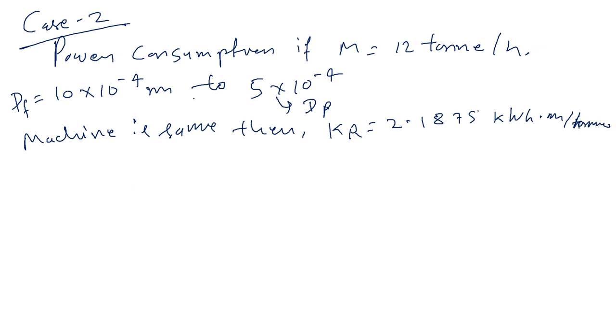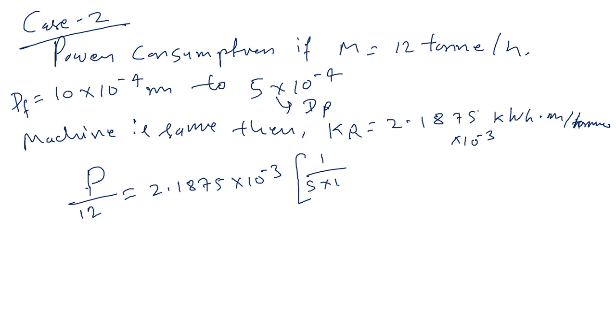Okay, we can rewrite the equation. P is to be calculated, M is given as 12, KR is 2.1875 into 10 to the power minus 3, dp is 5 into 10 to the power minus 4, and df is 10 into 10 to the power minus 4.